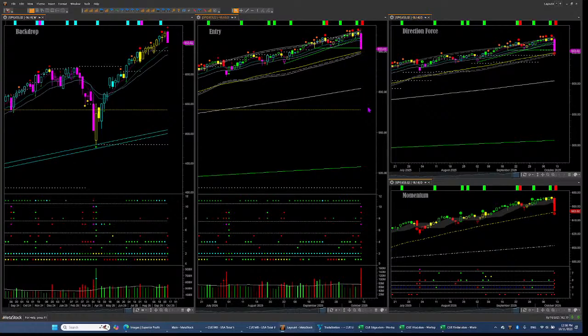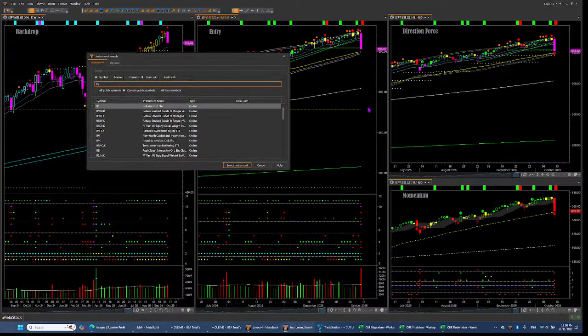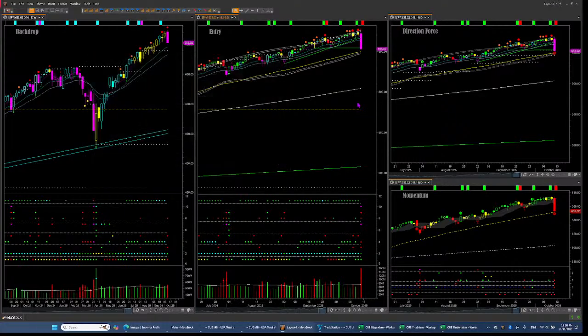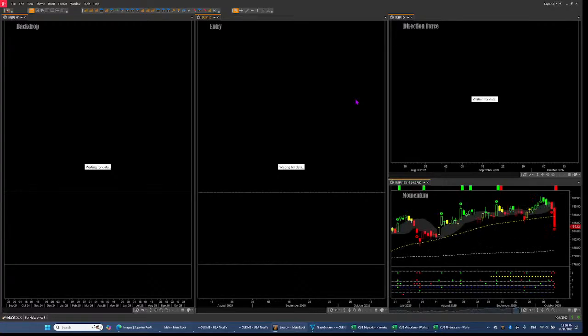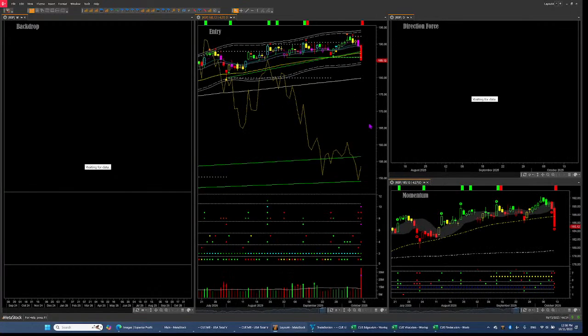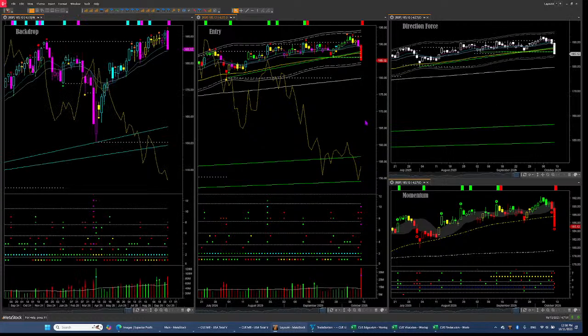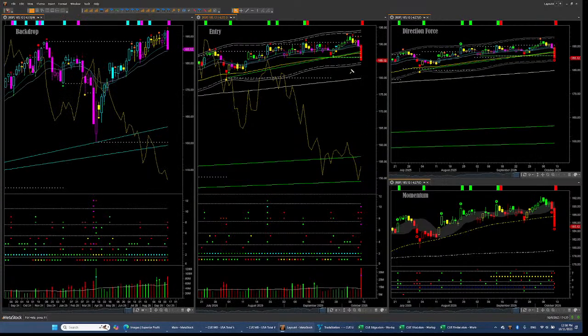But if I look at the equal weighted S&P 500 RSP, both the yellow direction line and the 50-day moving average are very decisively broken.